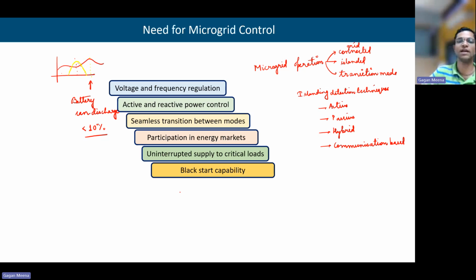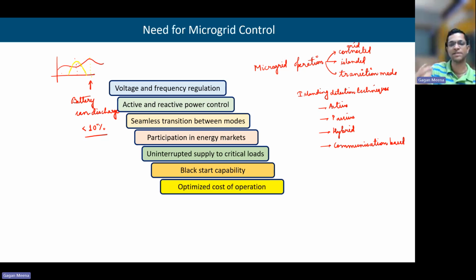And then it can help in black start capability also. Say there is a blackout and the main grid needs support from the microgrid. The energy stored in the energy storage can support the main grid by providing that stored energy to start the restoration process. Then optimized cost of operation will happen when you participate in the market.